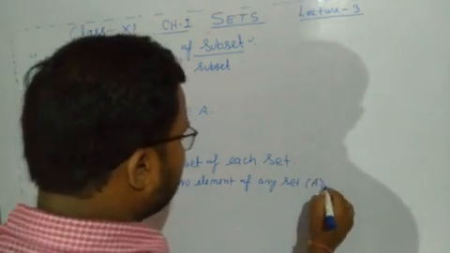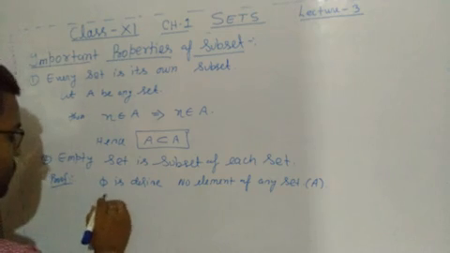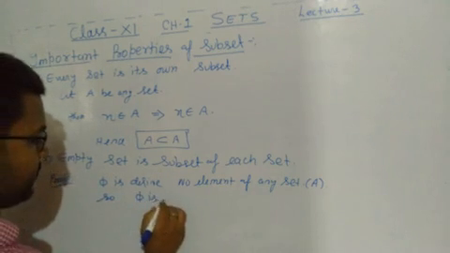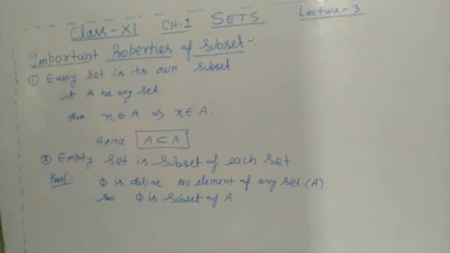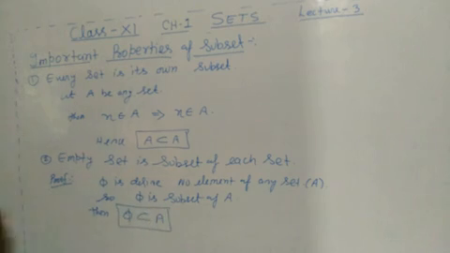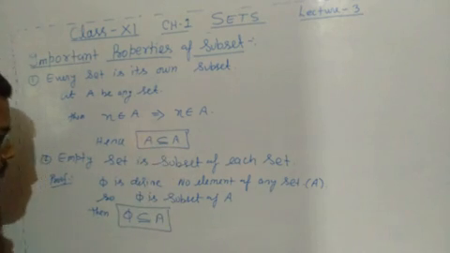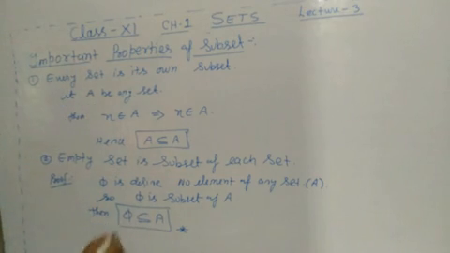Suppose set A, so phi is a subset of A. So phi is a subset of A and phi is subset or equal to A. So this is the proof. Empty set is a subset of each and every set.